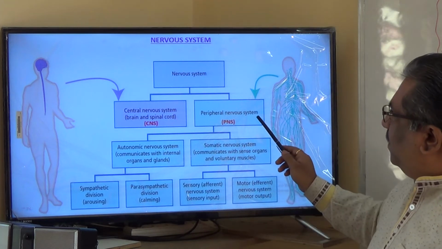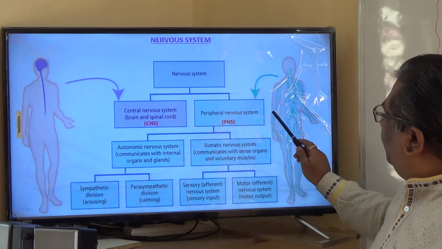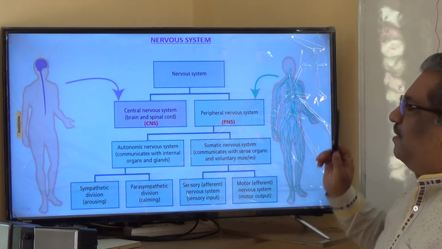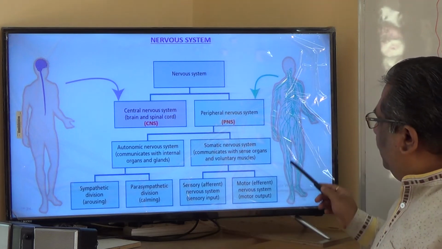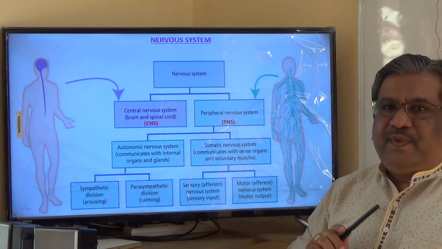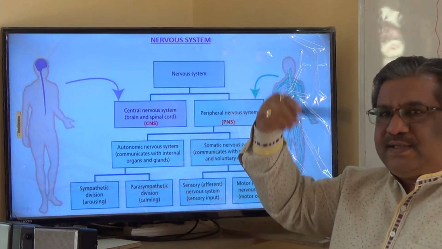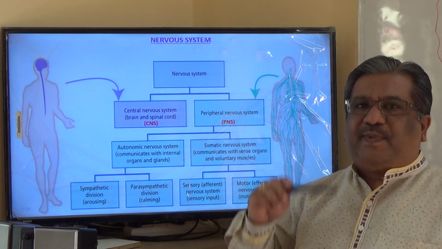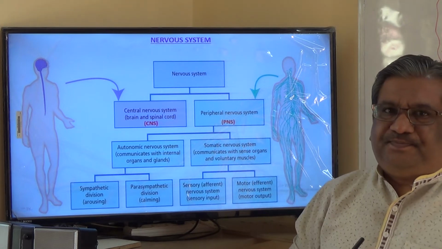So, the peripheral nervous system helps in communication between different body parts and the central nervous system. These nerves join the different body parts to the spinal cord and the brain, and thus communication between the body parts and the central nervous system is established by means of the peripheral nervous system.